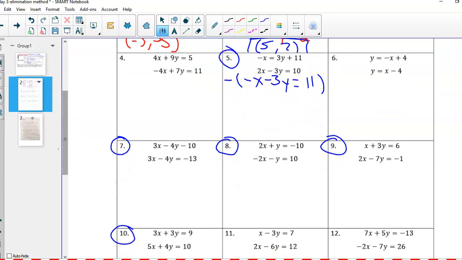2x minus negative x is 3x. Negative 3y minus negative 3y is 0. 10 minus 11 is -1. The 0 is not needed.